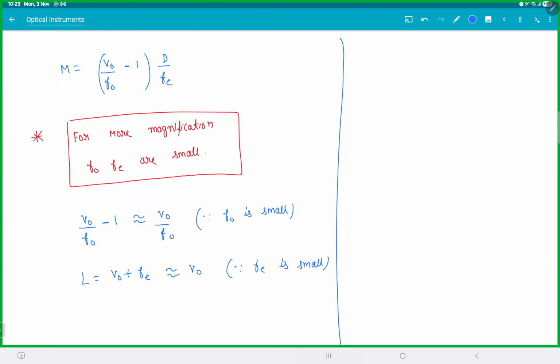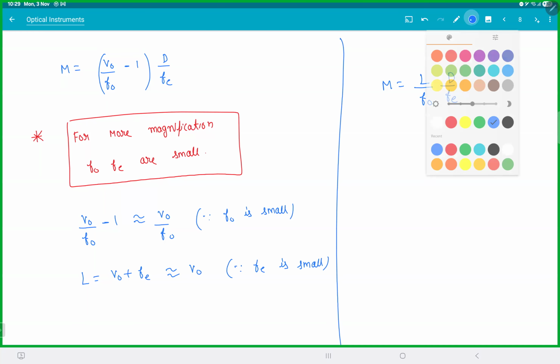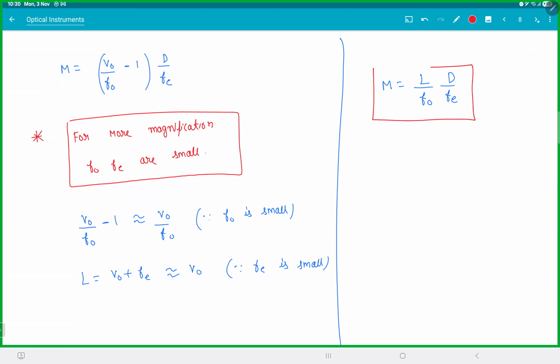And then the formula became: magnification is L by F naught into D by Fe. This is the formula which is given in NCERT. So in the exam, there have been questions like that. They gave the value of L, F naught and Fe, and they asked for magnification. So this is a compound microscope for normal adjustment.